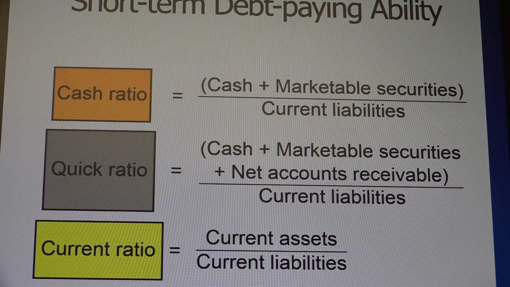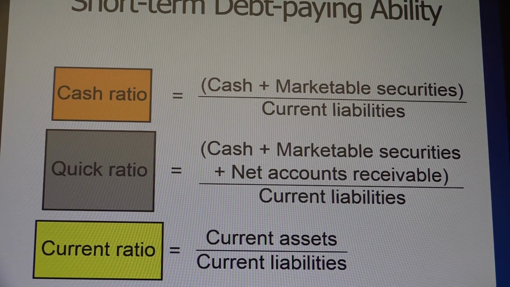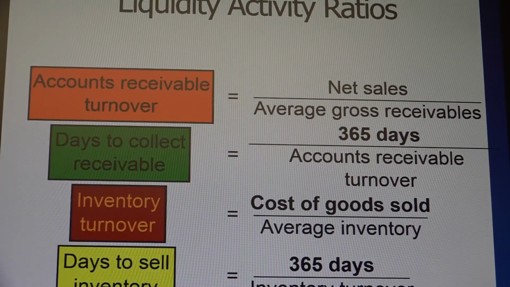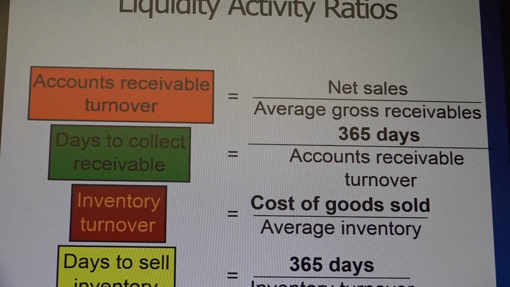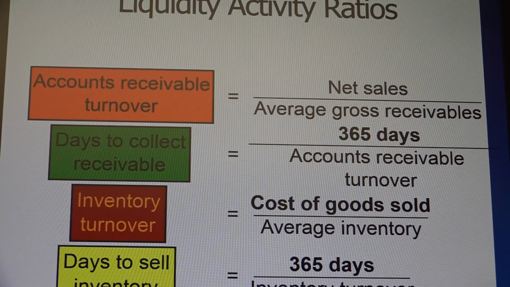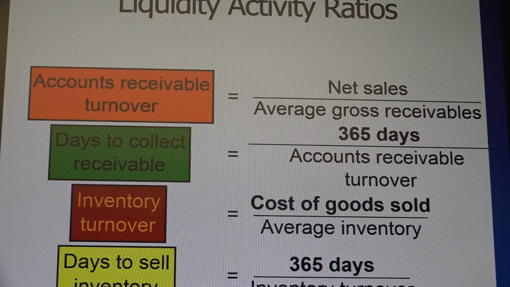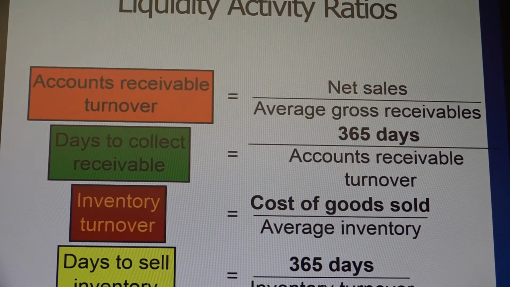And so typical liquidity ratios are the cash ratio, quick ratio, current ratio. Liquidity activity ratios, common are accounts receivable turnover, days to collect a receivable, inventory turnover, and days to sell inventory.